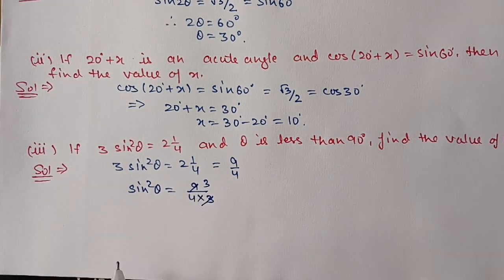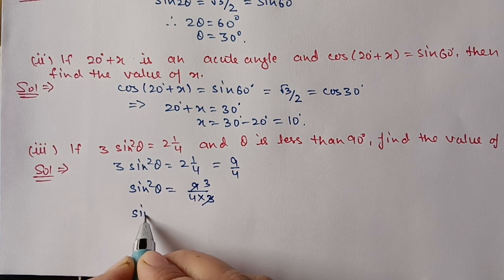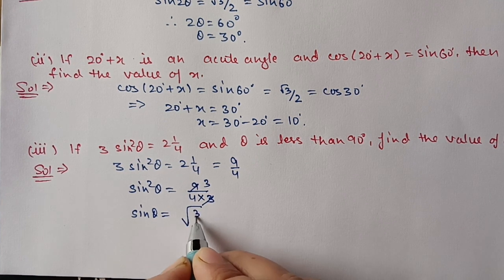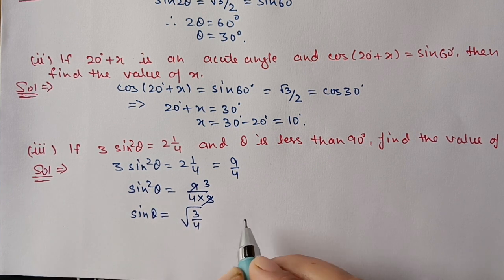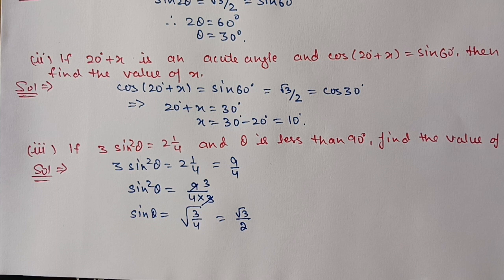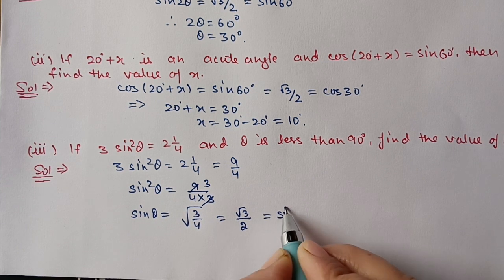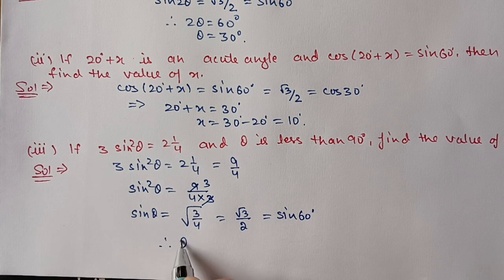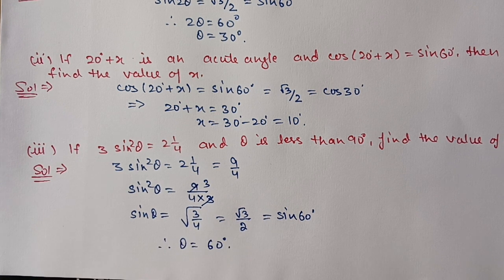With 3 you can cancel out 9. Sin square theta is equal to 3 by 4. Square root also you can shift to the other side. So we will get sin theta equal to root 3 by 2, and root 3 by 2 is value for sin 60 degree. Compare from both the sides. So theta value we are getting 60 degree.